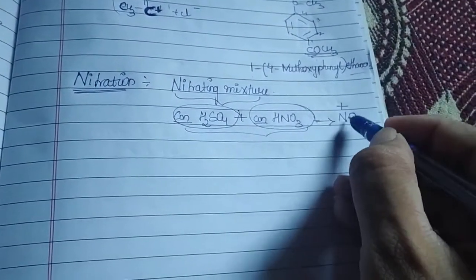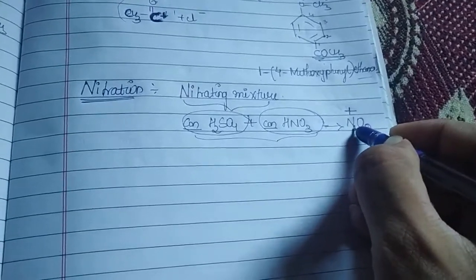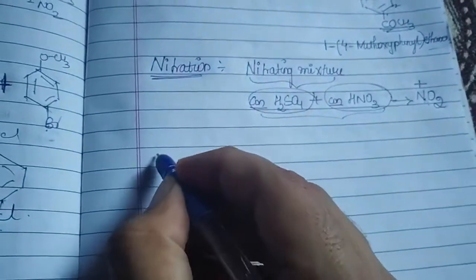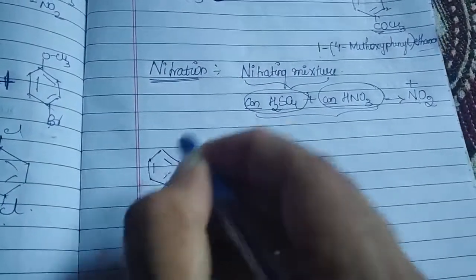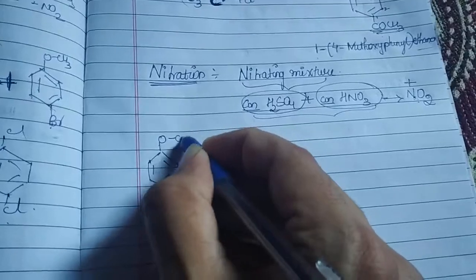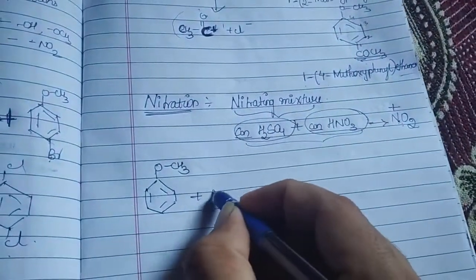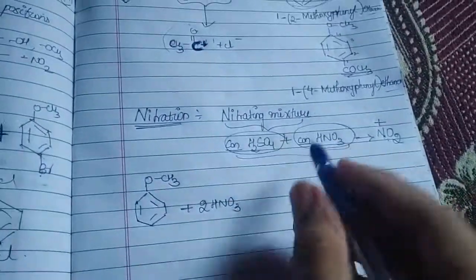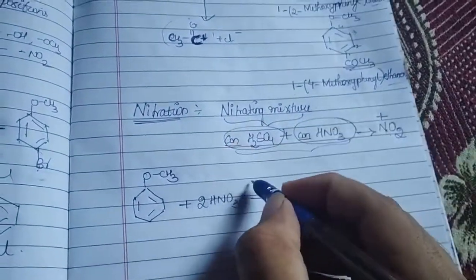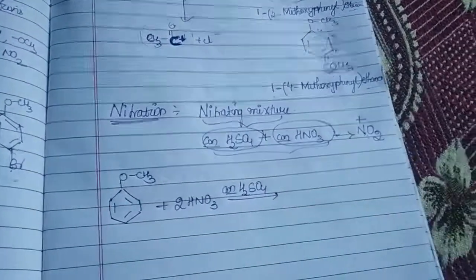See, the plus charge is on the nitrogen, so that should be the one coming and attaching to our benzene ring. So what will we be writing? Yes, very good. First you have to choose our anisole, OCH3, plus HNO3 in the presence of, very good, concentrated H2SO4.